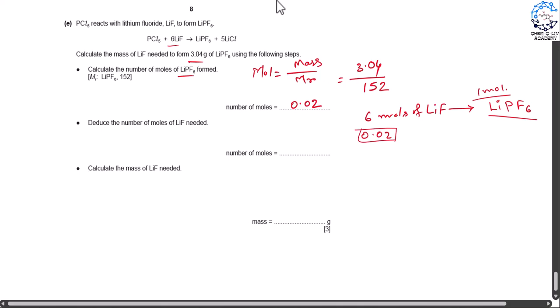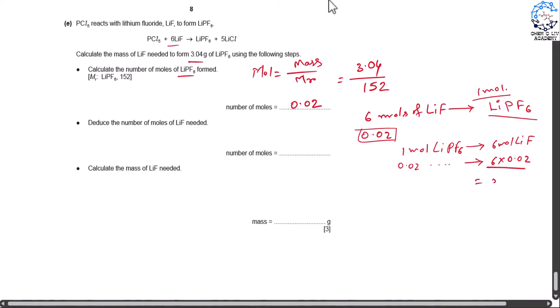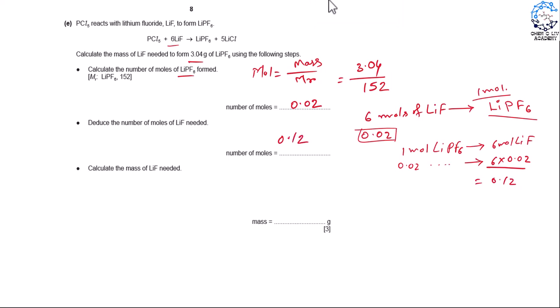So do it in a reverse way. 1 mole of this complex is forming from 6 moles of lithium fluoride. Now 0.02 moles of this complex is going to form from how many moles? So 6 into 0.02, which is 0.12 moles. So here's the answer: 0.12 moles of lithium fluoride needed.